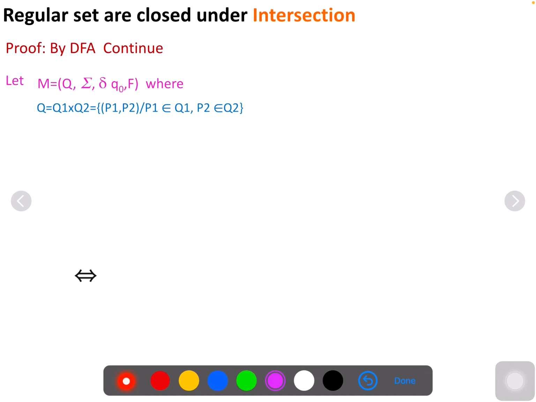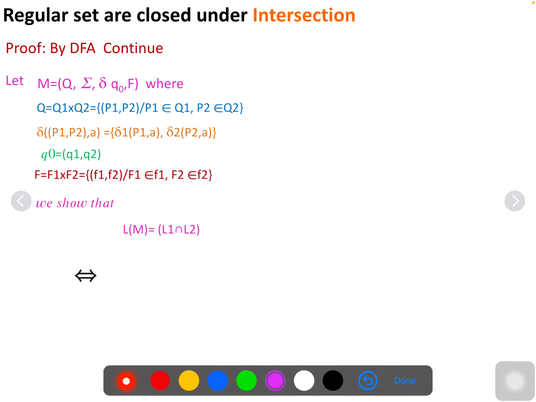Then delta of P1 comma P2 on input A is split like this: delta 1 of P1 comma A, delta 2 of P2 comma A. Then Q naught is equal to Q1 comma Q2. Since there are two languages, there are two sets of final states, so F is equal to F1 cross F2, where F1 belongs to F1 and F2 belongs to F2.